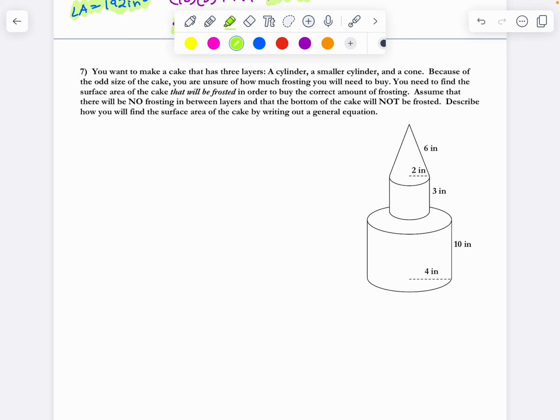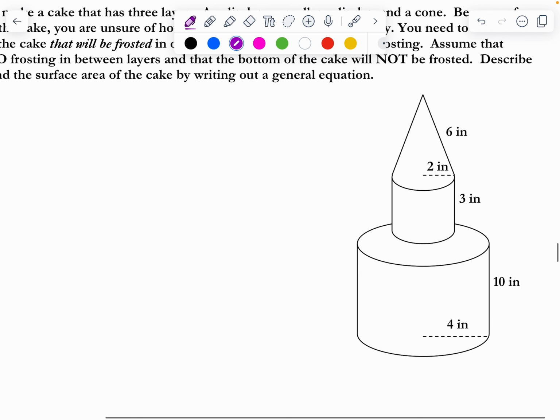So let's go ahead and start top to bottom, I think. So my surface area here, well, let's see, what do we have? Let's go ahead and just label these. I'm going to say that this is lateral area 1, lateral area 2, and then lateral area 3.